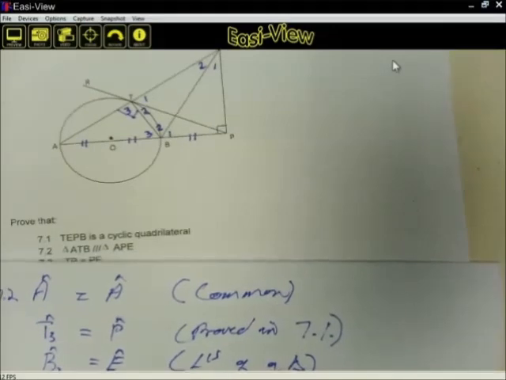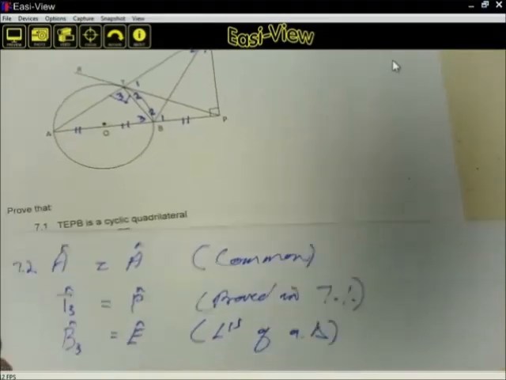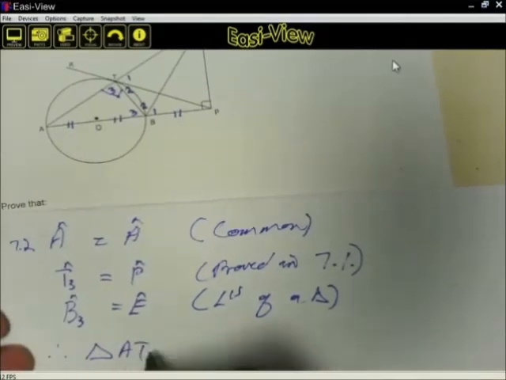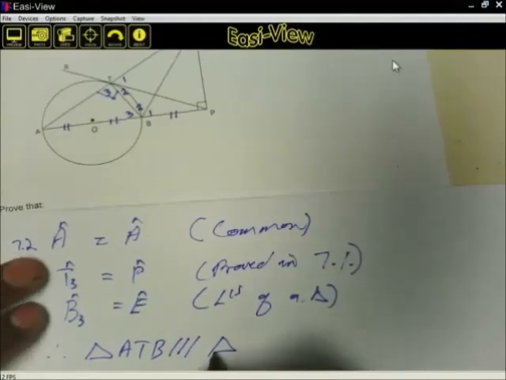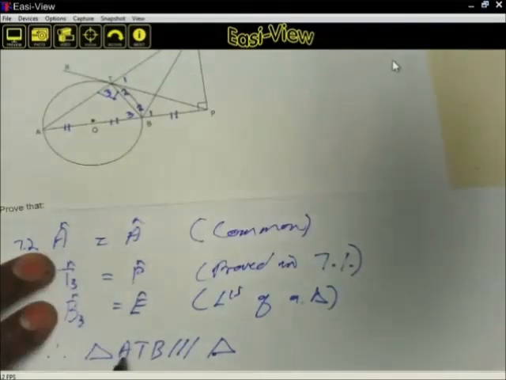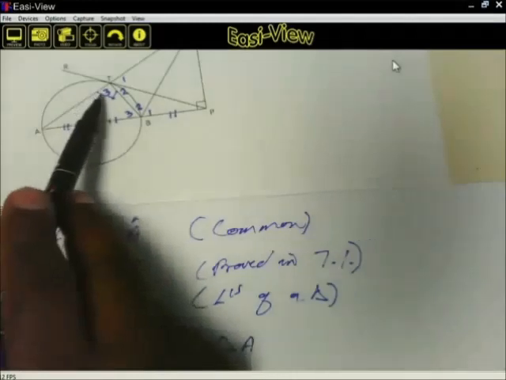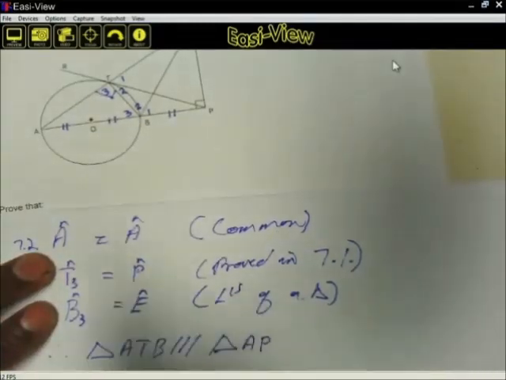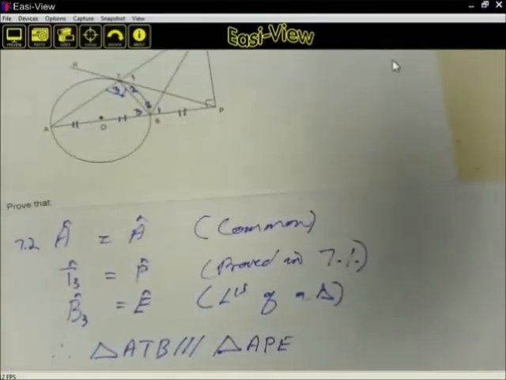Now, order is very much important here. Therefore, triangle ATB is similar to triangle APE. Remember, angle A is common. We started with A here, must also start with angle A. AT, we went to T; T3 is equals to P, then you go to P. B3 is equals to E, then you go to E. And you must always provide a reason.